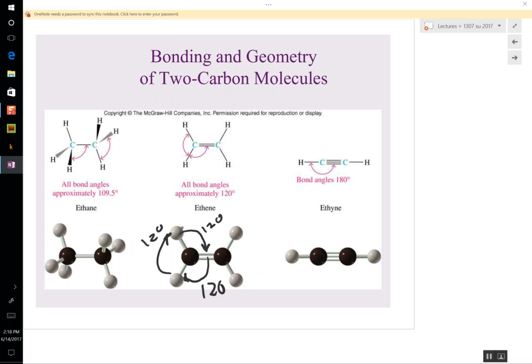And then ethyne, what kind of bond angles do we have here? Well, that's half a circle, and there's the other half a circle. So these are 180-degree bond angles, and those 4 atoms are in a line.